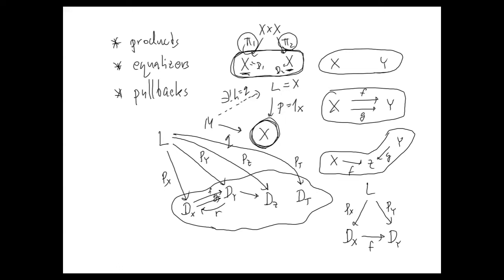And then a limit is a universal cone. So a cone such that if I have another cone, so I've got M with a family of morphisms Qx, Qy, and so on for all the indices, there must exist a unique H. So for every other cone, there exists a unique H, such that each of these triangles commute.